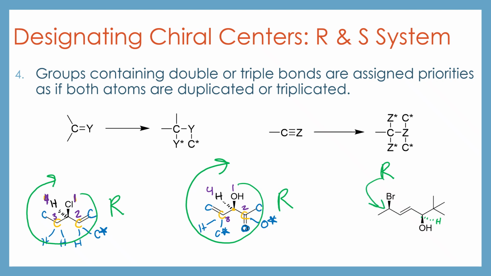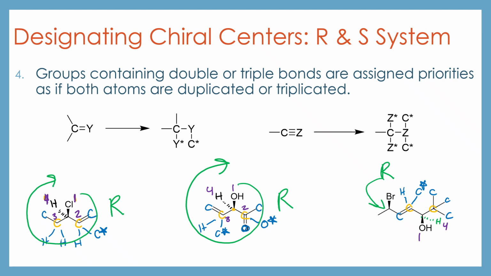Now we have to do our next one. So the obvious ones we can mark down, 1 and 4. Next one, we have carbon versus carbon. We have to go out to the next level. Carbon, carbon, carbon versus carbon, hydrogen, and C star. The fact that this carbon has a hydrogen at all is a pretty quick indicator that it's going to be the lower priority.